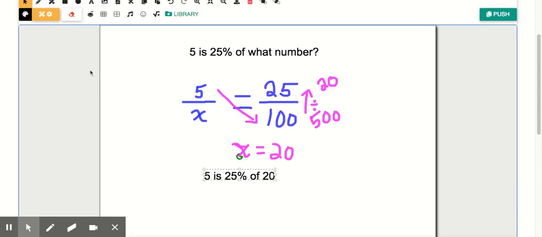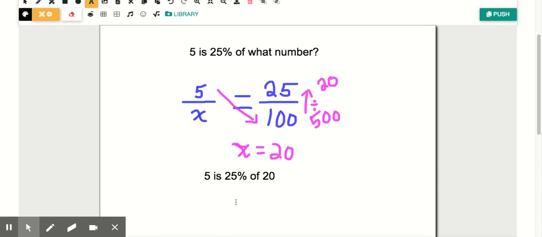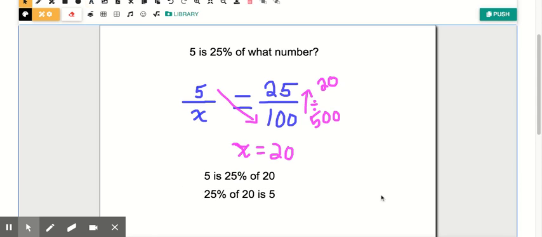Actually, there are many ways you can write that once you get that. You could also say that 25% of 20 is 5. That's another way of saying it.